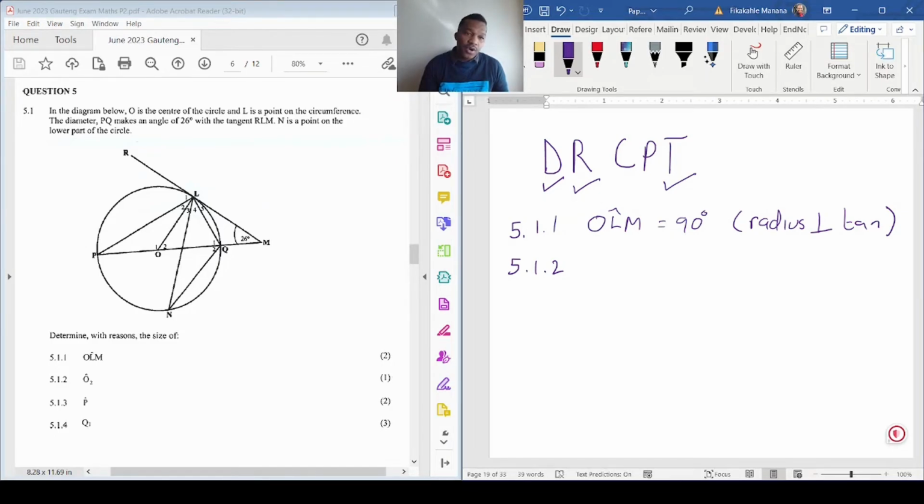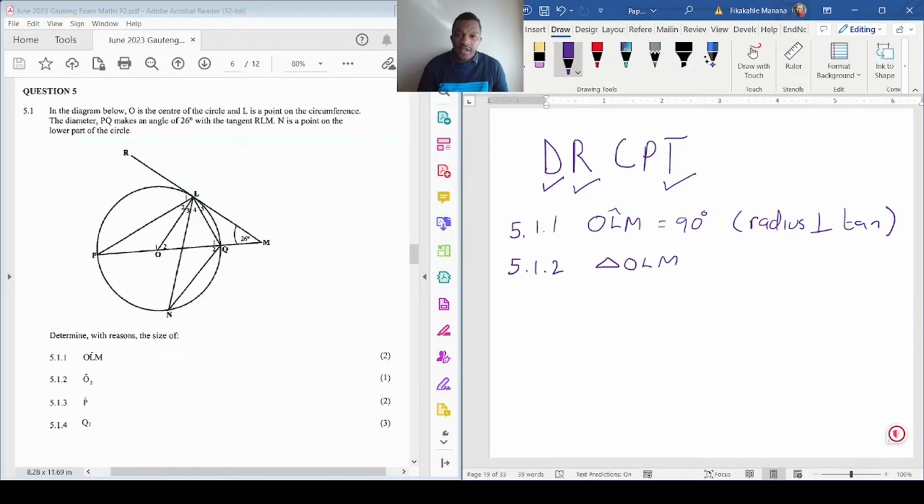Now, if we look at O2, it's right there. And if we look at triangle OLM, I'm looking at the triangle specifically. I can see that O2 is there, and L I have and M I have.